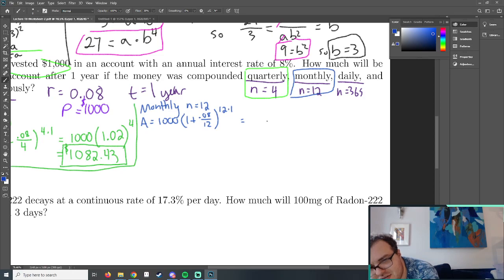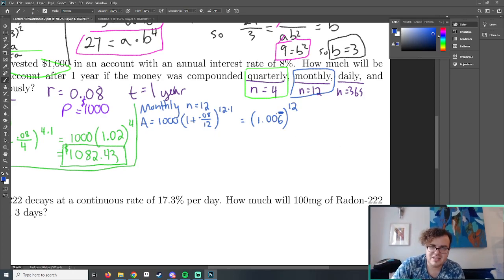That's like 2/3 of a percent there. And so we're going to have, well, I'll write it out as 1.006 repeating, because that's 6. This bar over here just means it's like 6, 6, 6, 6, 6, 6, 6, 6. And that's going to be raised to the power of 12.